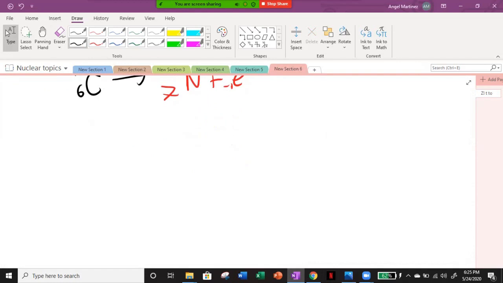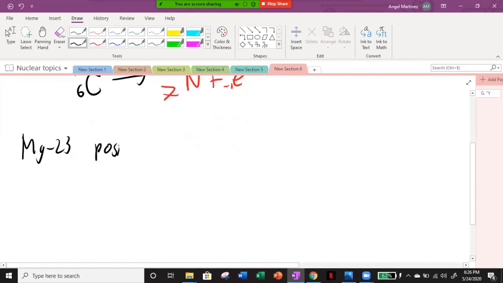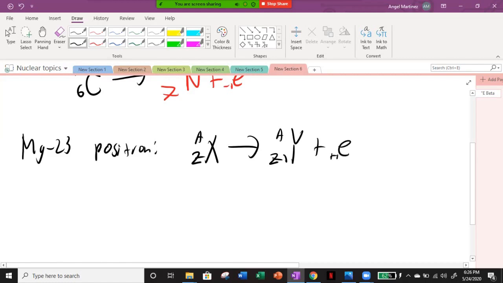Now we're doing the magnesium-23 positron emission. And this time the equation is X, A, Z goes to Y, A, Z minus 1, plus the positron.